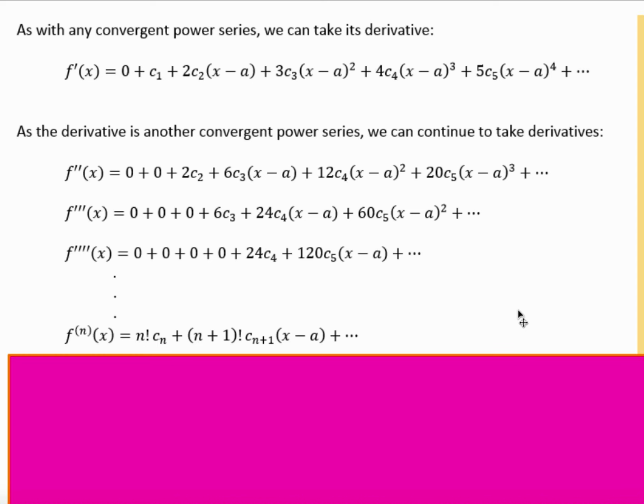And what we'll see is that we end up with n factorial times c sub n, whatever that final constant is, plus n plus 1, the next factorial, times c sub n plus 1, the next constant, and then we're going to continue to go from there.